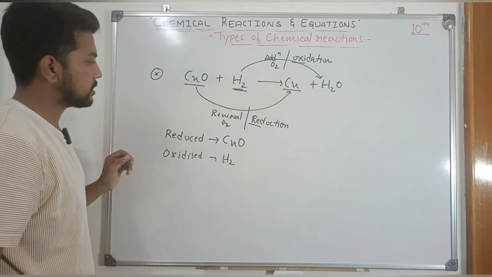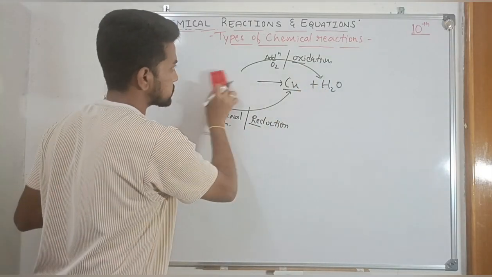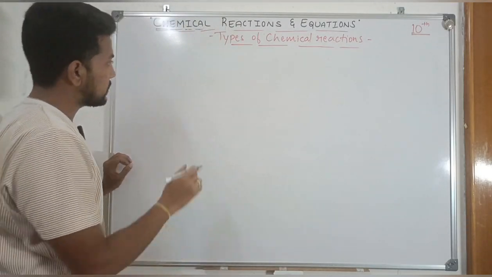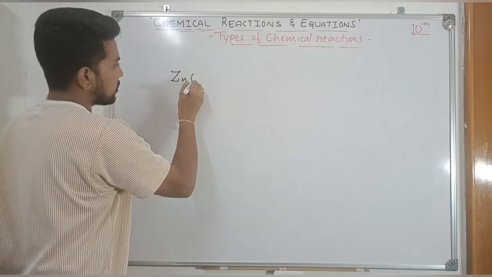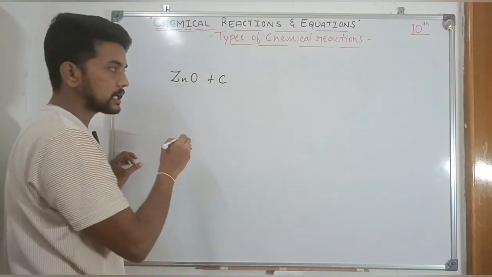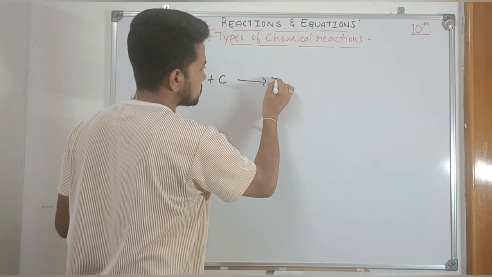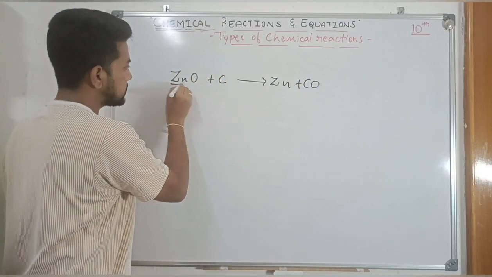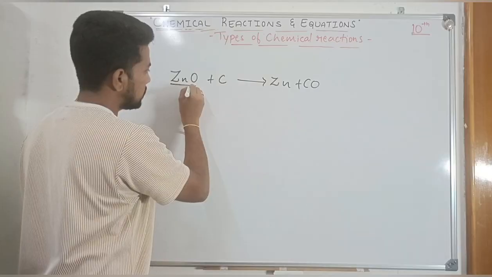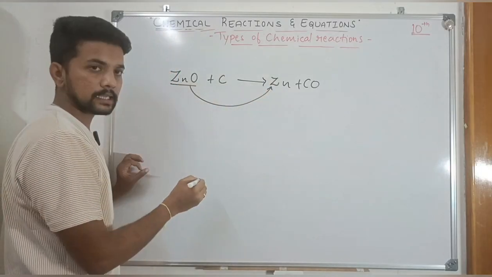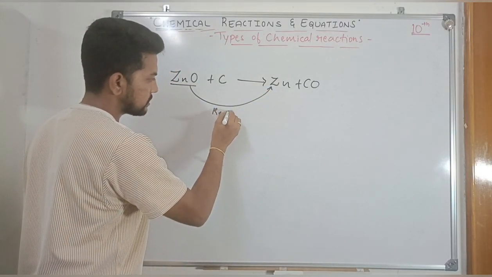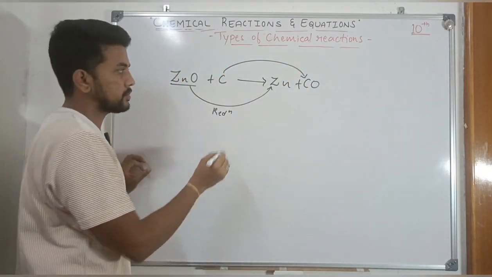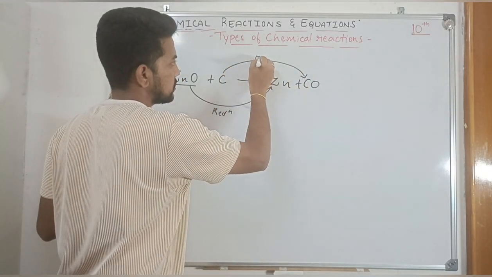So one more example for redox reaction is when zinc oxide reacts with carbon or coke, it produces zinc and carbon monoxide. So here zinc oxide is reduced to form zinc, reduction, and carbon undergoes oxidation to form carbon monoxide, oxidation.